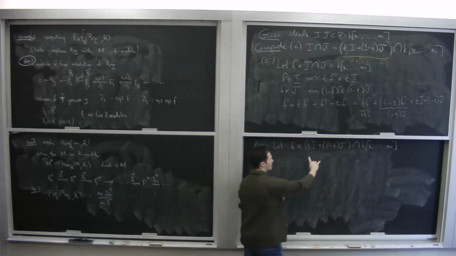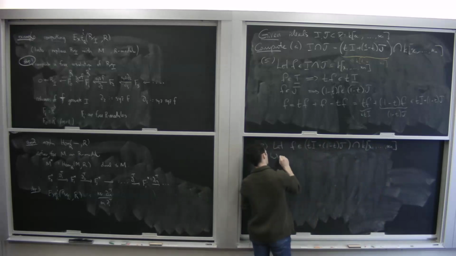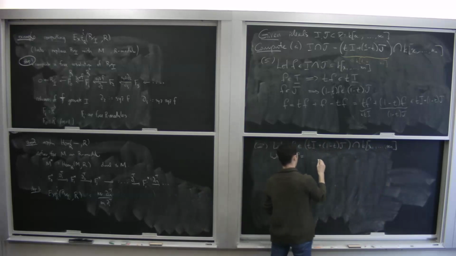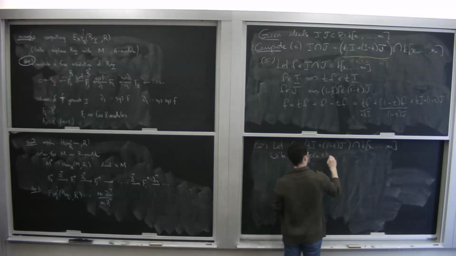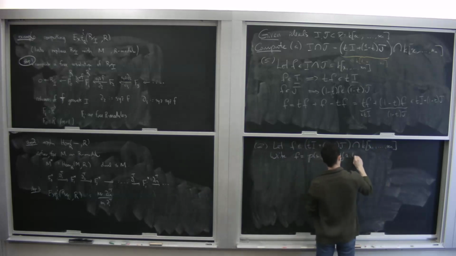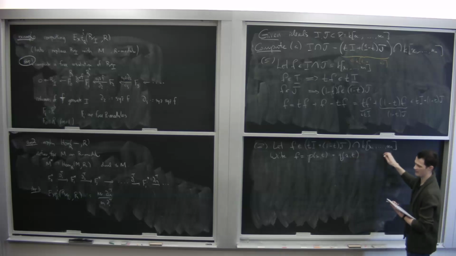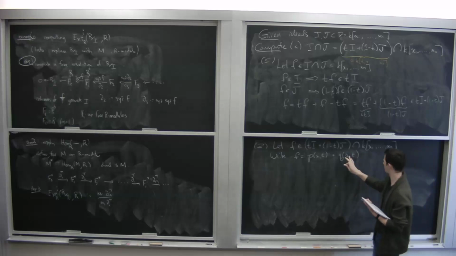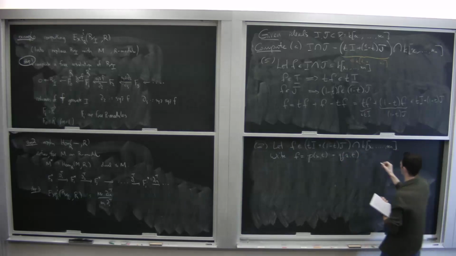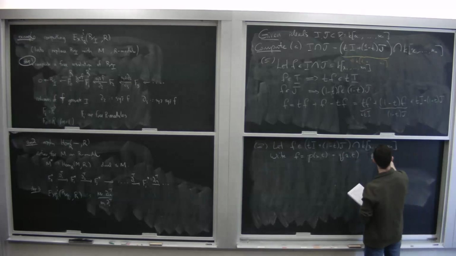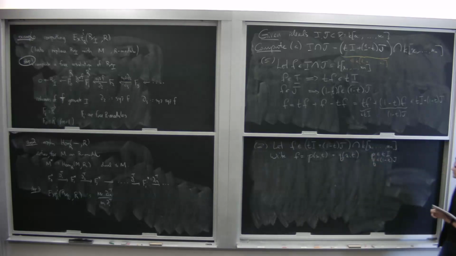Because it's in the sum of ideals, I'm going to write it as the sum of elements in these ideals, say p(x,t) plus q. I want to emphasize that we've got all these x's and then we've introduced this new variable t and we want to keep track of them separately. And p is in t times I and q is in 1 minus t times J.